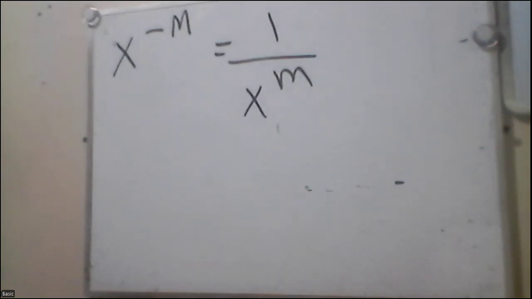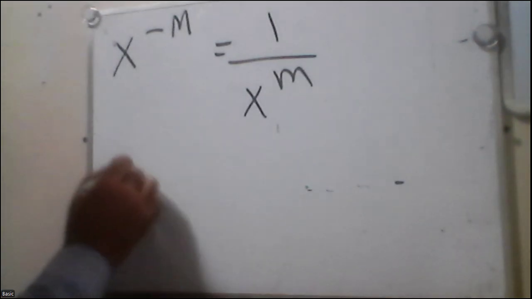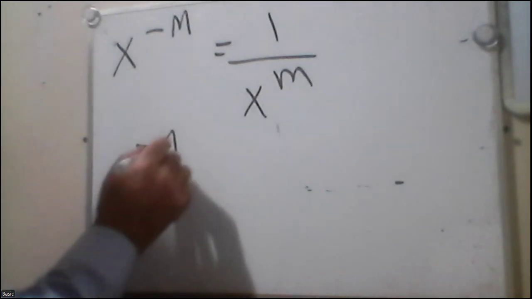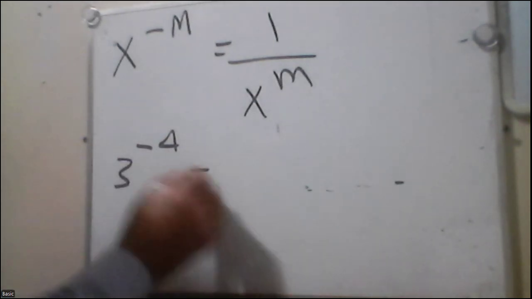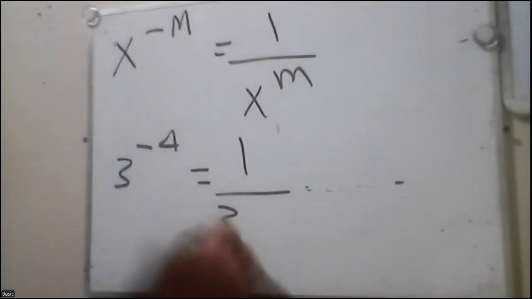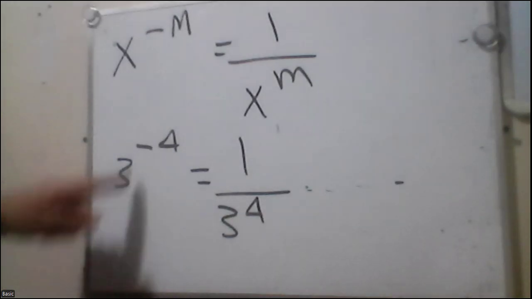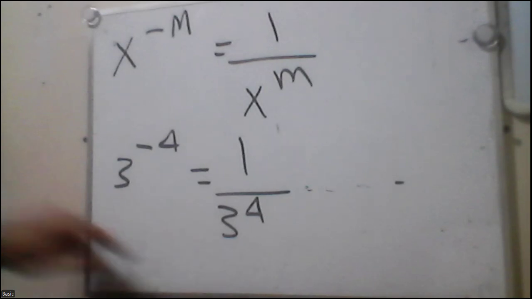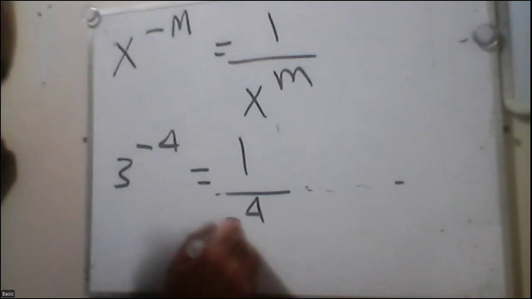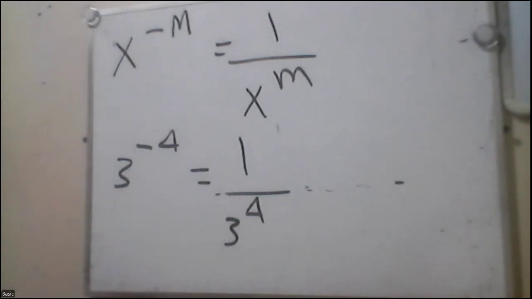As an example, if I say 3 power minus 4, that will equal 1 divided by 3 power 4. So 3 power minus 4 will be 1 divided by 3 power 4. And vice versa.